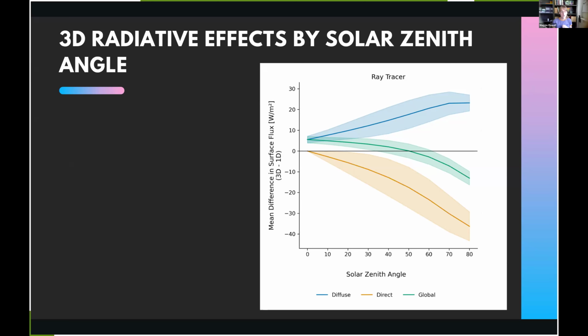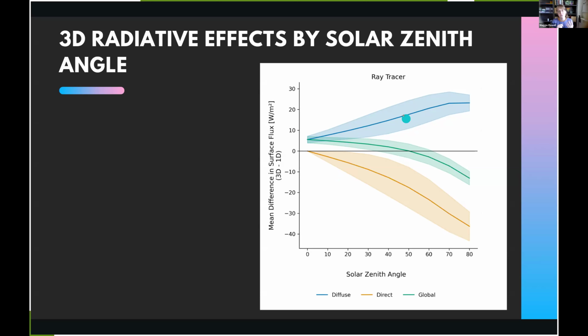So here we see this tug and pull between the diffuse and direct effects. So starting on the left side of the plot, this is when the sun is directly overhead. The 3D and the 1D shadows are the same, and so there's no direct 3D effect. But the diffuse effect happens regardless, and so we have a positive global 3D radiative effect. As the sun gets lower in the sky, those shadows are stretched, so we have an increasingly negative direct effect.